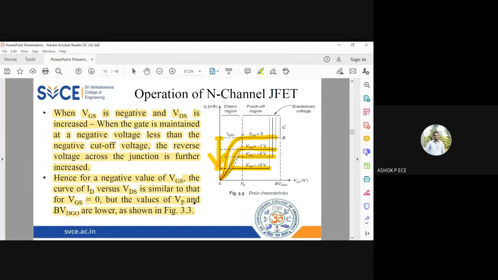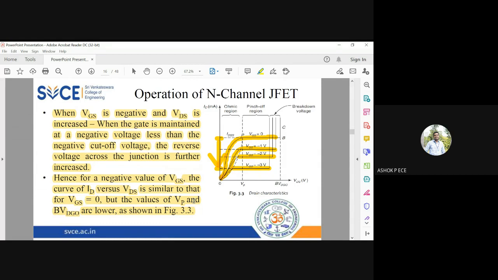The more the channel width reduces, the less the current will be. It's just like you have a road and the road is completely occupied with vehicles. More cars are going through the road, so you have to go very slowly, right? You cannot expect your vehicle to go faster. But if the road is free now, you can drive at 100. Same logic.